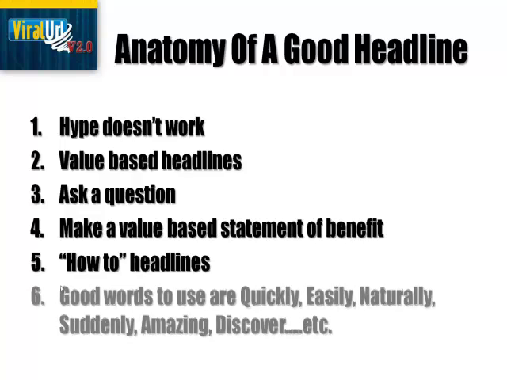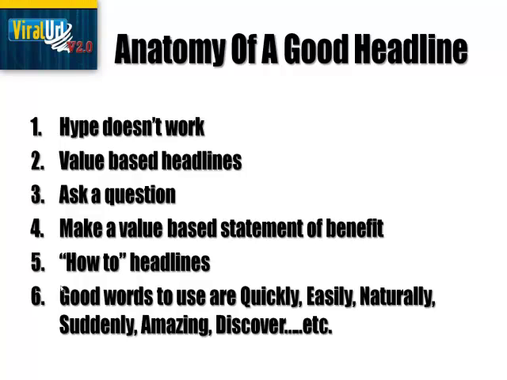Okay, moving on here, good words to use are quickly, easily, naturally, suddenly, amazing, and discover. And there are some other ones in there, but these really help. Let me give you an example here. How to quickly generate 50 leads online in the next 48 hours. You can see how that word quickly puts a lot of emphasis on it.